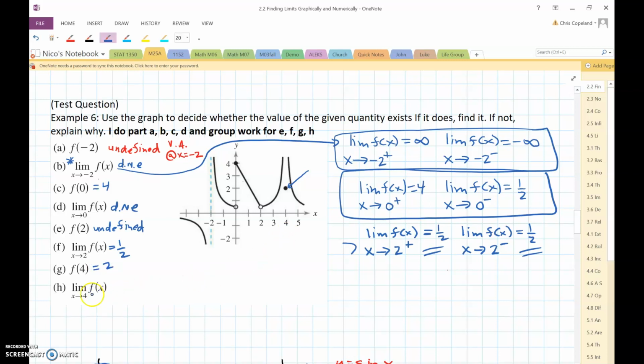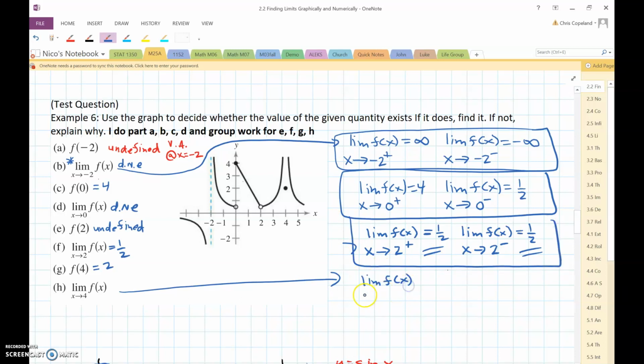Okay. The limit of f of x as x approaches 4. Again, here we're going to want to use one-sided limits. So we're going to do the limit of f of x as x approaches 4 from the right. That's going towards positive infinity.